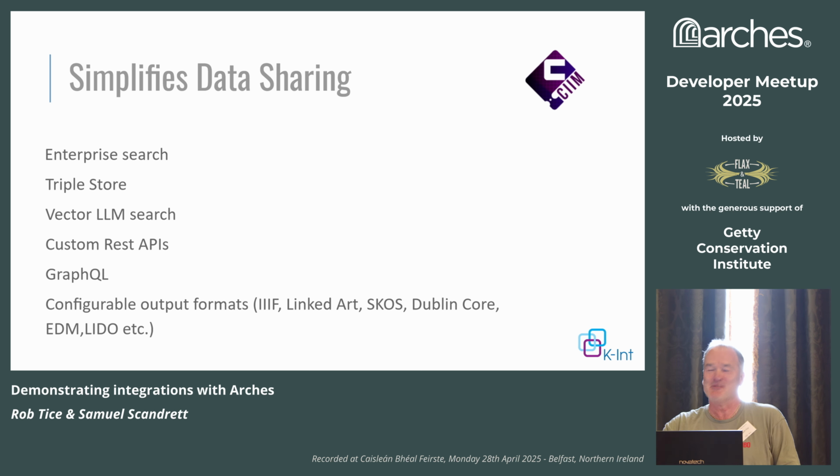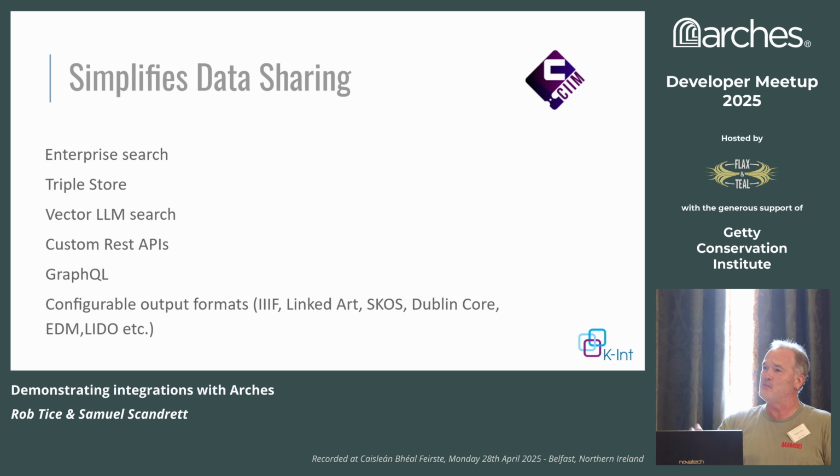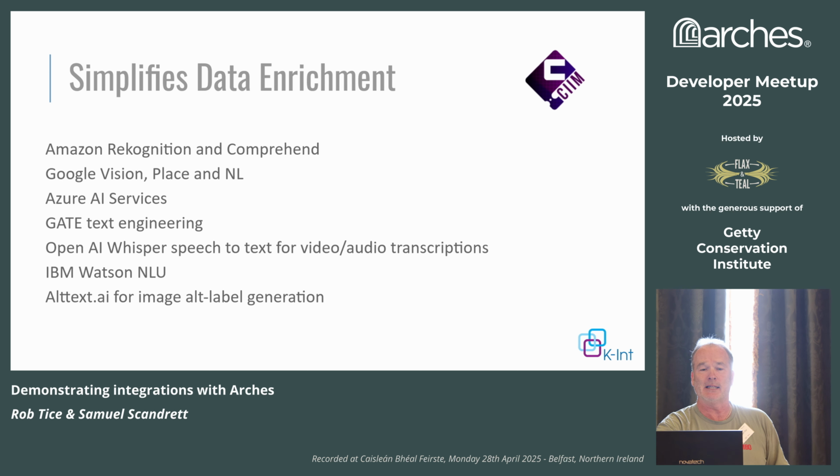Linked Art is one of the things it can use to deliver the content, which was always interesting from a Lingo perspective about the choice of formats. So it's designed to handle that sharing more widely.